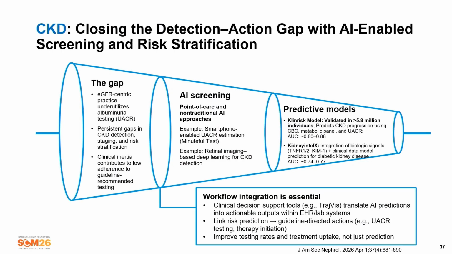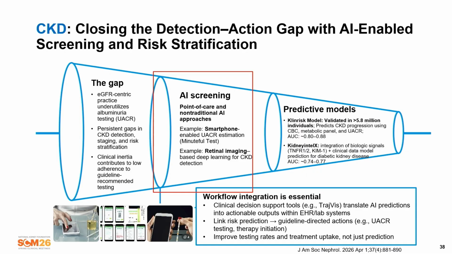Now I'm going to go to chronic kidney disease and what we already have in AI in nephrology nowadays. What I learned from Dr. Tangri, who is the creator of the KFRE, the Kidney Failure Risk Equation, is that we now have AI screening for chronic kidney disease.